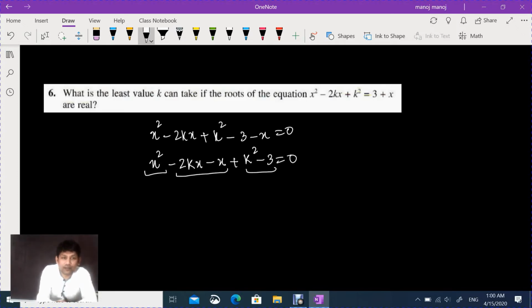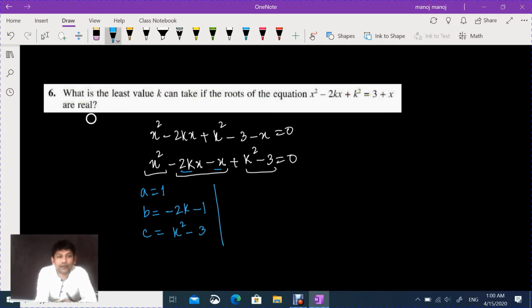I want to write like the shortest method. A is 1, and b, what are the coefficients of x? −2k and −1, so we write −2k − 1 directly, and c is k² − 3. Now what's the condition? Roots of the equation are real.